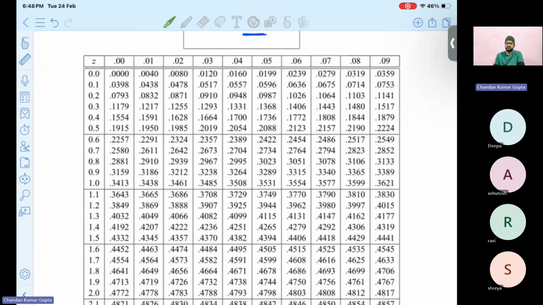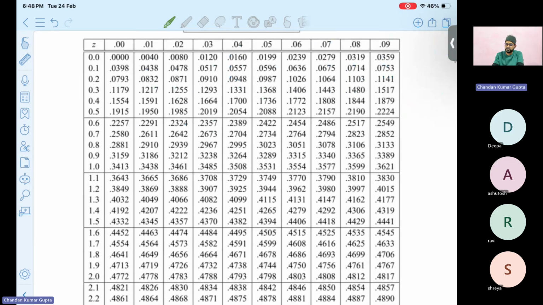In the first column you find 0.0, 0.1, 0.2, and across the top 0.00, 0.01. If I want 0.73, I look at 0.7 in the first column and 0.03 across the top, and the cross section gives 0.2673. This is how we read the normal table.